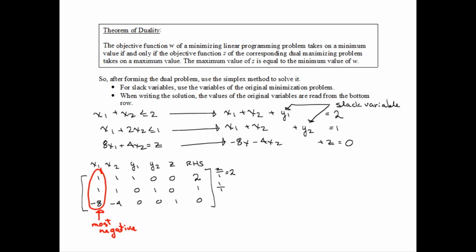Second row we have 1 over 1, which is 1. We don't do it for the bottom row. Then we choose the smallest. Sorry, that's not the smallest. The smallest will be the second row. 1 is definitely smaller than 2. And so here is my pivot element.